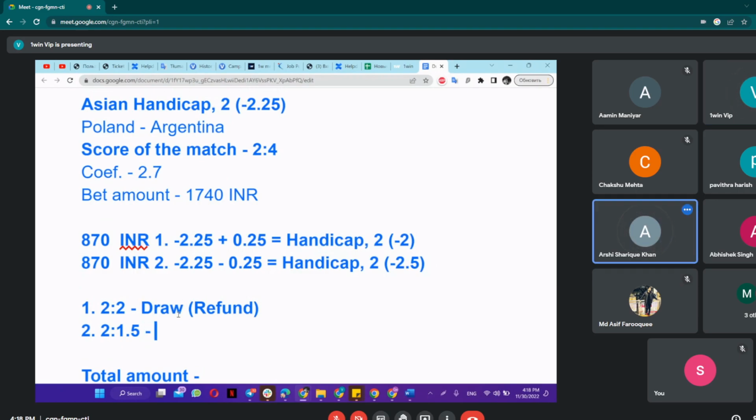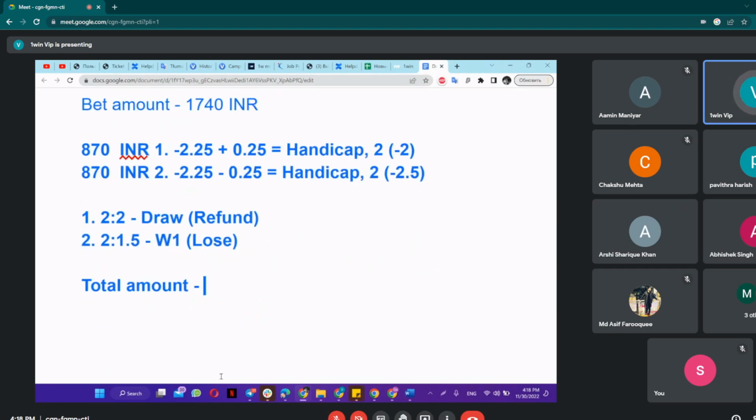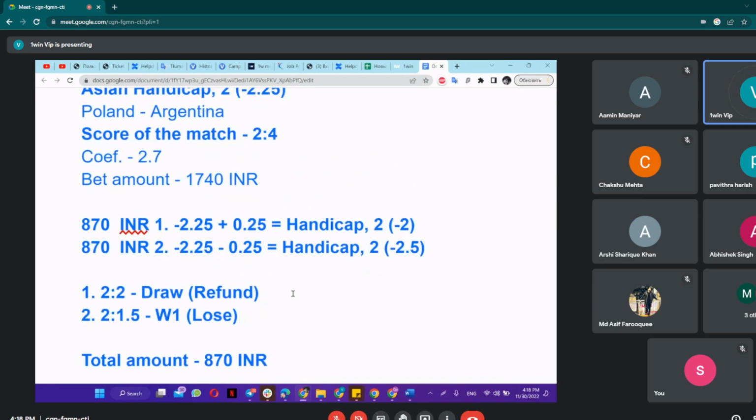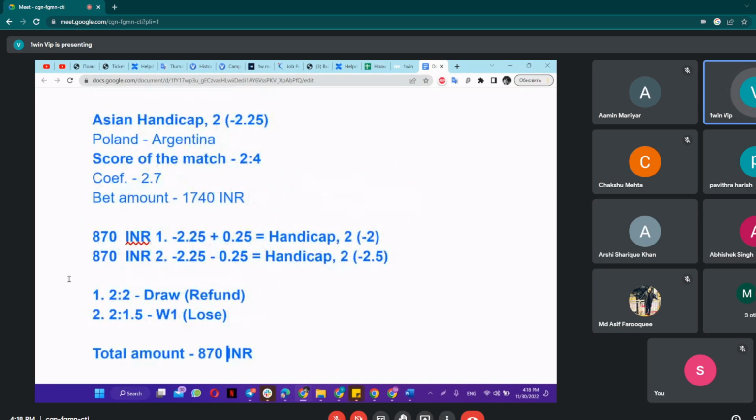Status, winning of the first team, which is lose. Yeah, so for this bet, we will just simply receive a refund for half of the bet. So the total amount, so the answer is 870 rupees. Also sending this example on the group.